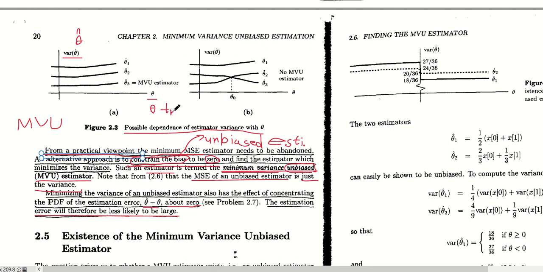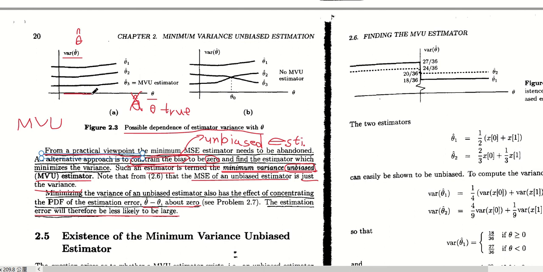So it's the variance of the estimator versus the true value theta. It's not the variance of theta hat versus the estimator value theta hat. I want to emphasize it's not this.